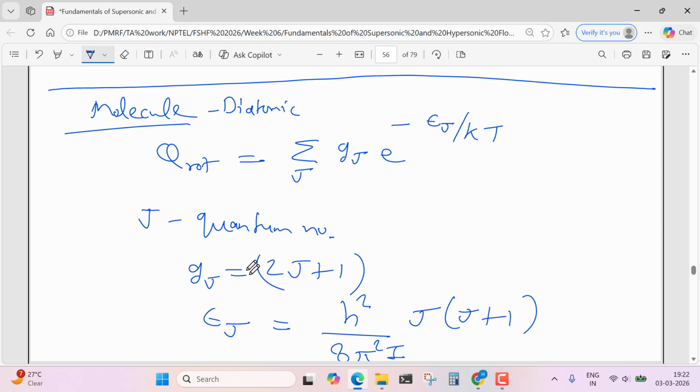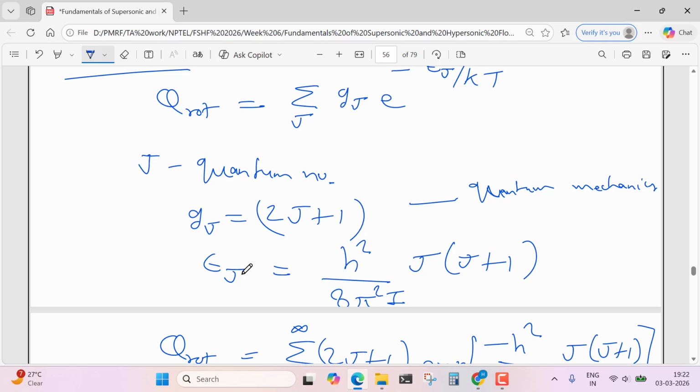And gj is given by 2j plus 1, which is from quantum mechanics. And epsilon j is given by h square upon 8 pi square I into j into j plus 1. This is also from quantum mechanics.